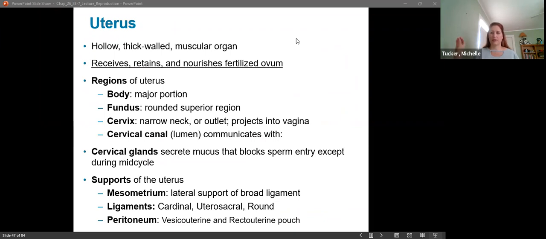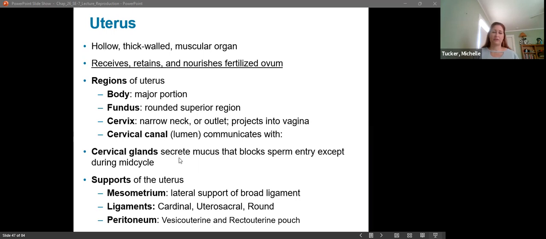Okay, we've gone from the fimbriae to the ampulla to the isthmus, and now we're going to the uterus. So the uterus is a hollow, thick-walled muscular organ. It is going to receive, retain, and nourish the fertilized ovum. Kind of like the stomach, it has a fundus, it has a body, and then it ends in the cervix, where the cervical canal is the lumen part.